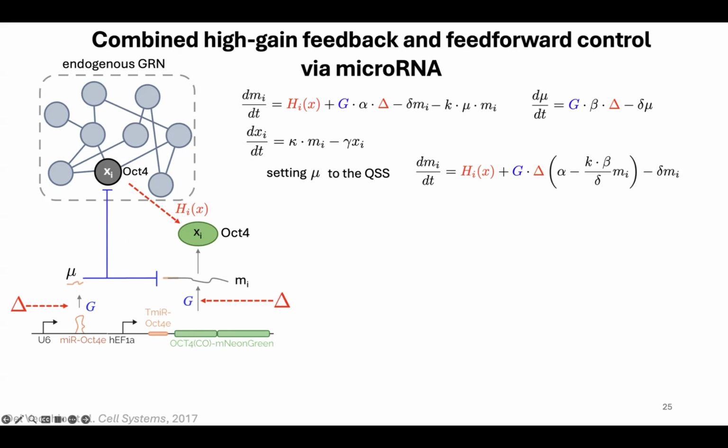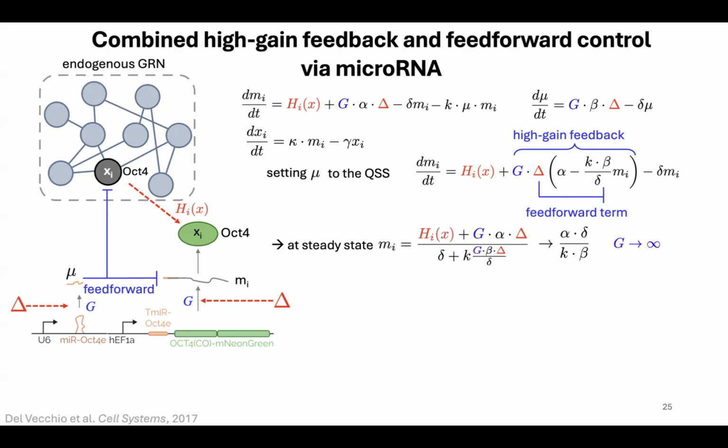So if you write the differential equations of the mRNA that you're trying to control, you have disturbances here, here, you have a high gain feedback component that comes from this large microRNA that is targeting both of these. And you also have a feed forward term here where this microRNA being expressed by the same DNA as your target is essentially filtering out the perturbations coming from DNA copy number. So this is a very compact way of combining a high gain feedback with a feed forward control.